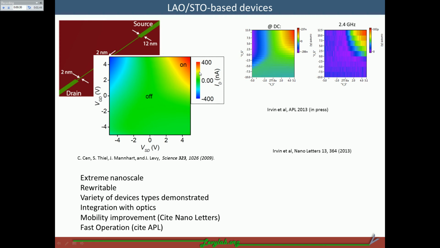For example, we can make diode structures and three-terminal transistors. We've been able to show that these transistors operate at gigahertz frequencies. And we have more recent published results showing that although oxides generally have very small mobility, when we form nanowire structures in these oxides, we actually have enhanced mobility.